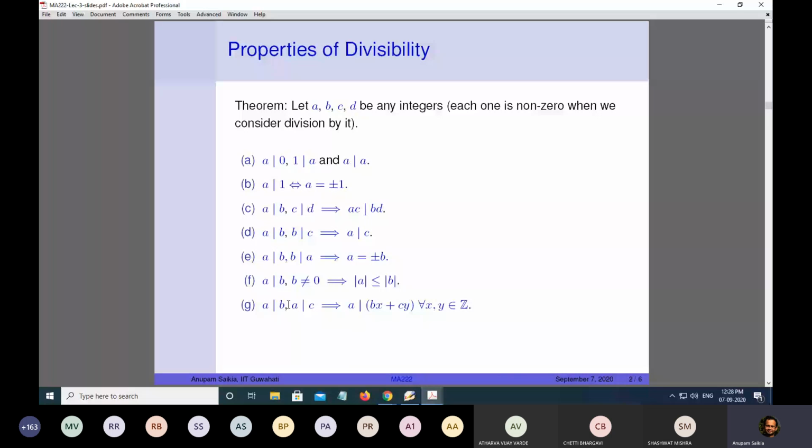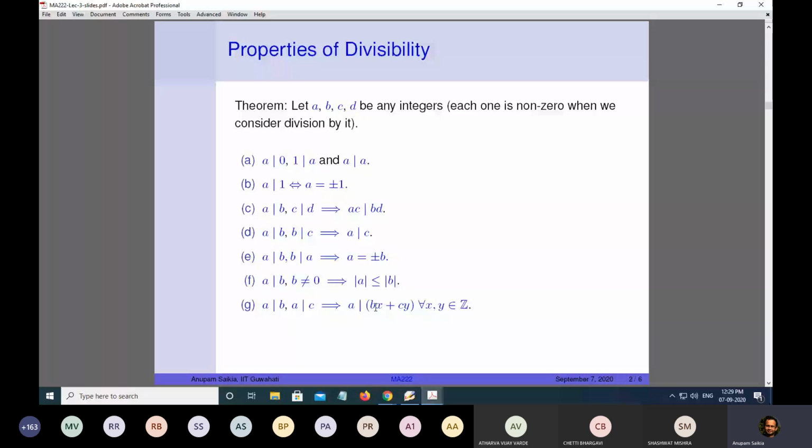If A divides B and A divides C, then A divides any integral combination of B and C, obtained by multiplying with integers. You are familiar with linear combinations; it's a linear combination, but with scalars coming from integers.